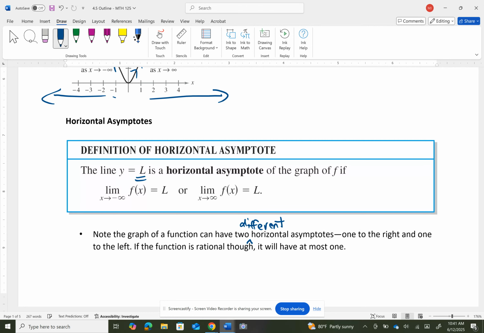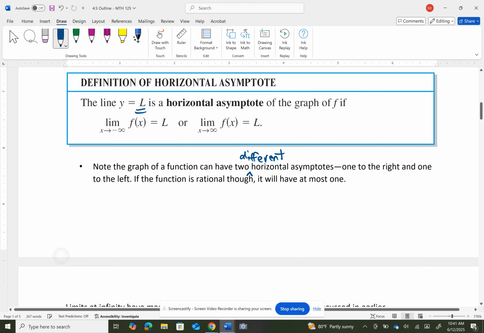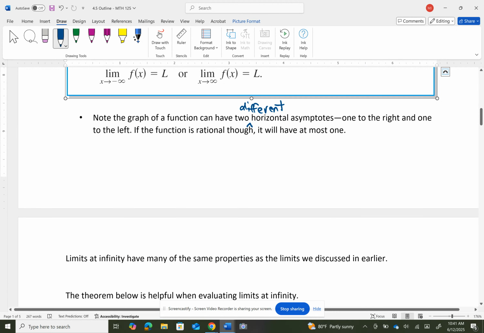Like this right here is an example of a rational function, and the function wound up approaching y equal 3, whether you're going to the right or to the left, so it just had one horizontal asymptote because it approached the same thing from the right as the left. We're going to look at algebraic techniques of determining that in a minute, but right now we were just looking at the graph.